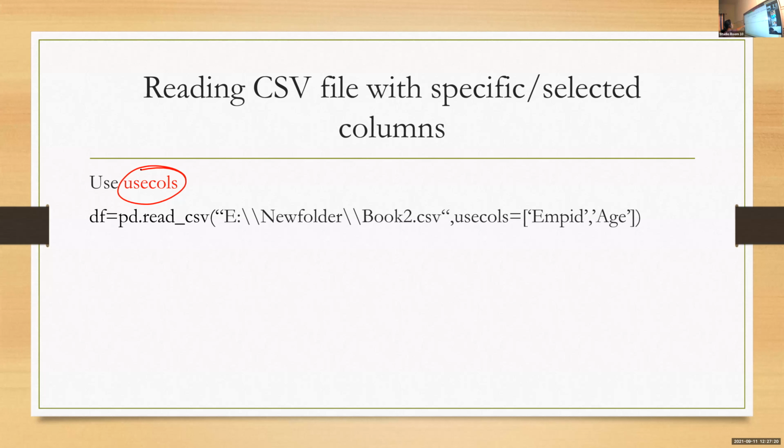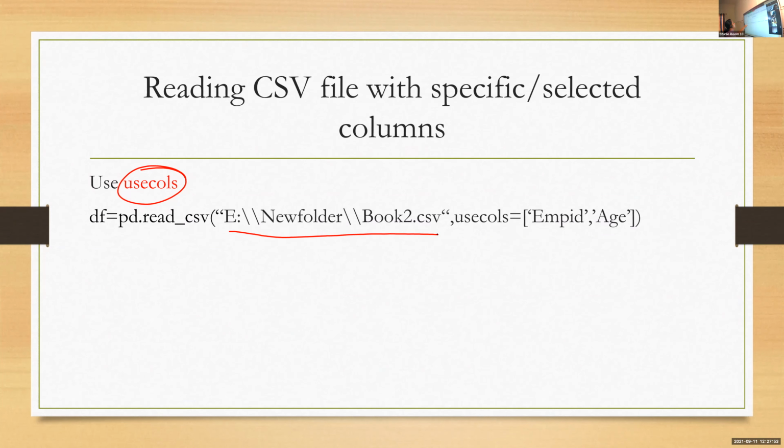First, you write the import statement. After that, you write df is equal to pd.read_csv. First, write the location of that file. In every read statement, first use location. Then only you can use the parameters for selecting column, for selecting row, just like that.